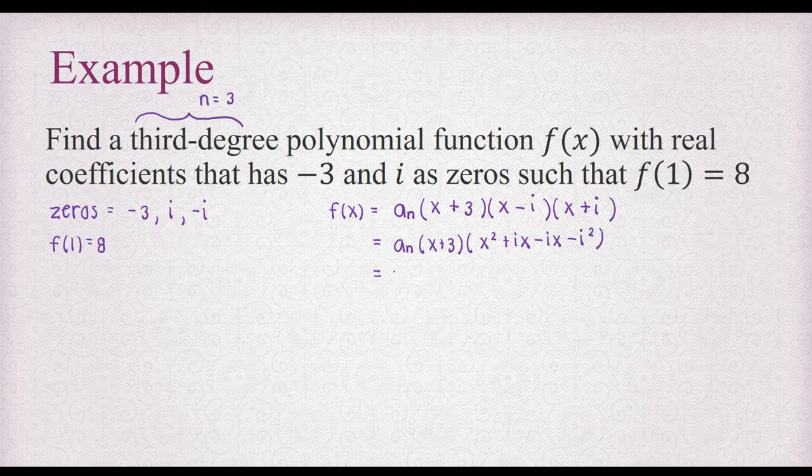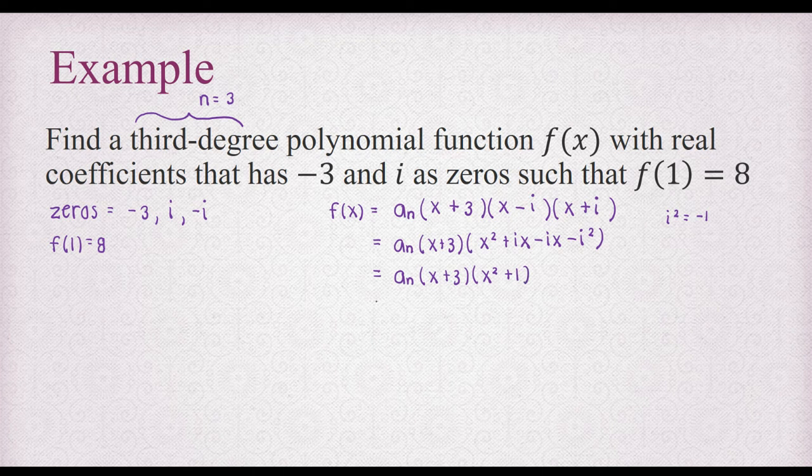Notice that my middle terms of ix are going to cancel. So that still leaves us with x squared. And then remember, anytime I have an i squared, it's really -1. So I'm subtracting -1, which is why it becomes +1.